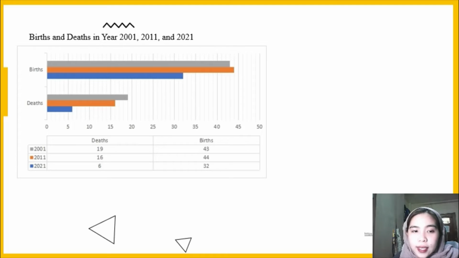And then in 2021 it declined, so 32%. For the deaths, in 2001 they have the highest recorded deaths kasi 19%, because this actually was the start of the Afghan war. So in 2011, 16%, so it's gradually declining. In 2021, it's just about 6%.